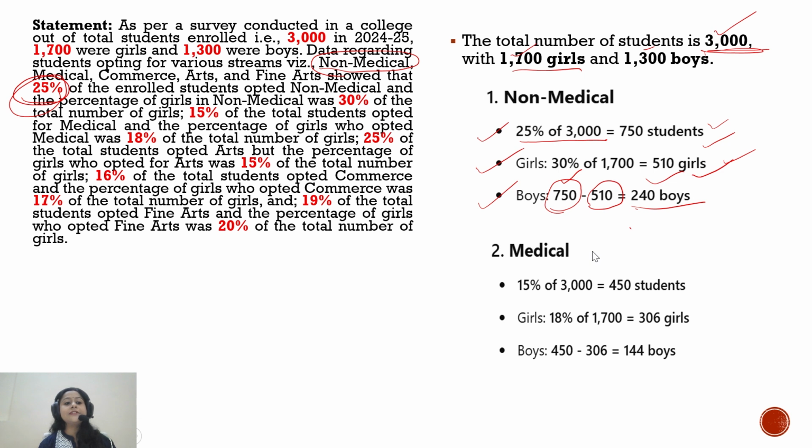For medical, 15% of total students opted for medical, so 15% of 3000 is 450 students. 18% of total girl students opted for medical, so 18% of 1700 is 306 girls. And finally, subtracting girl students from the total number of students, we get the number of boys who opted for medical.